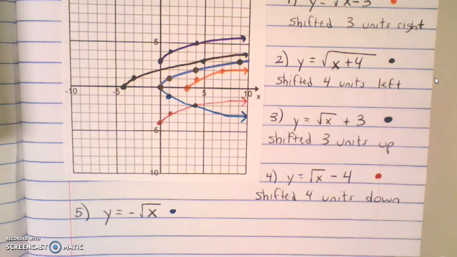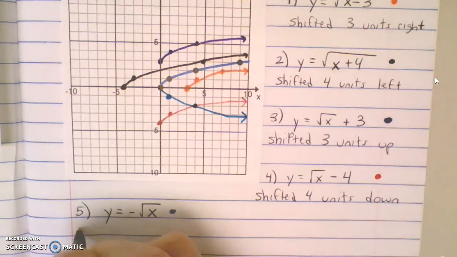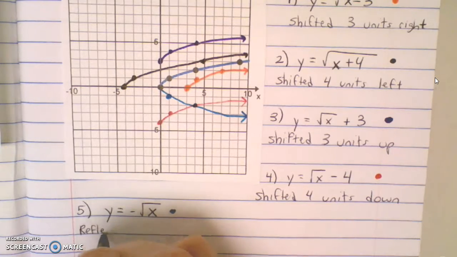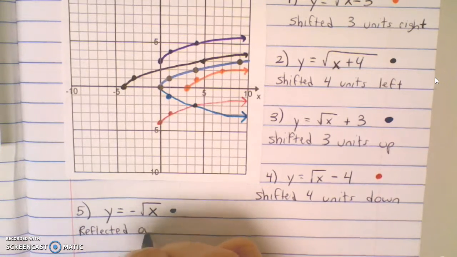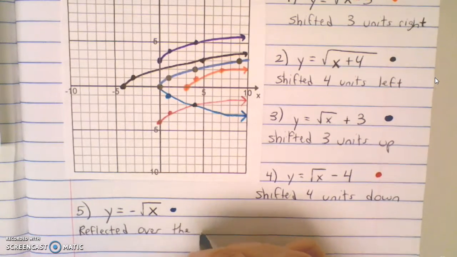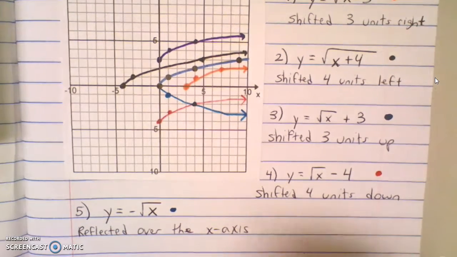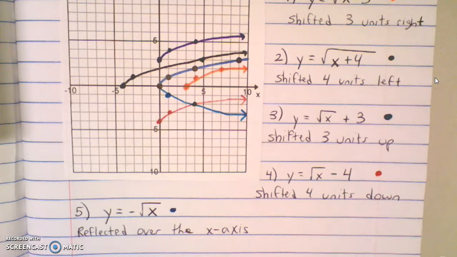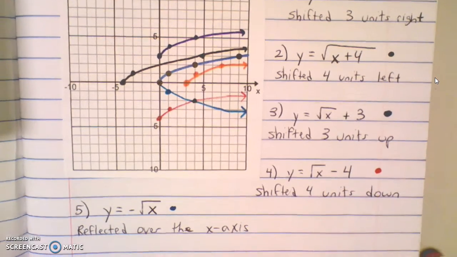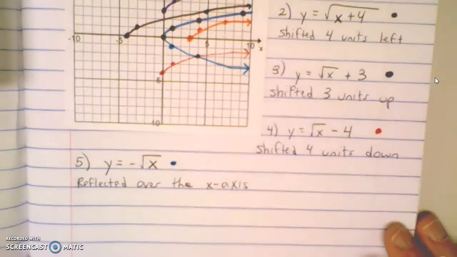So reflected over the x-axis is the official wording. So those are the transformations of a graph with a radical function. It follows the same rules that we learned first semester, so this should hopefully be a review.